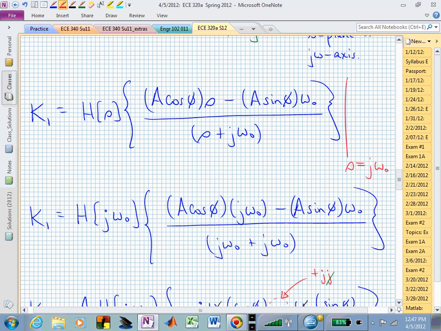And we would evaluate this transfer function, capital H of s, at h of j3. We would replace all of our s's in the numerator, all of our s's in the denominator with j3, and find the complex number that comes out. And that would be our h of j3, which in general is going to be a complex number.